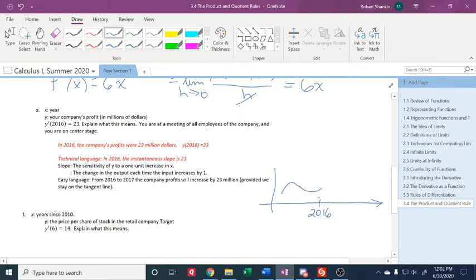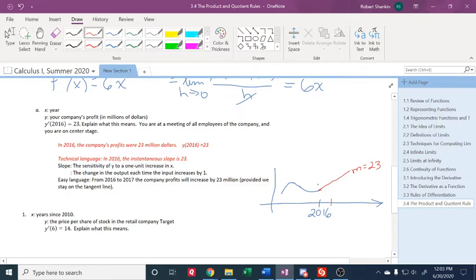But right at 2016, the slope was 23. Meaning that if we went 1 more unit to the right, we would go up 23.